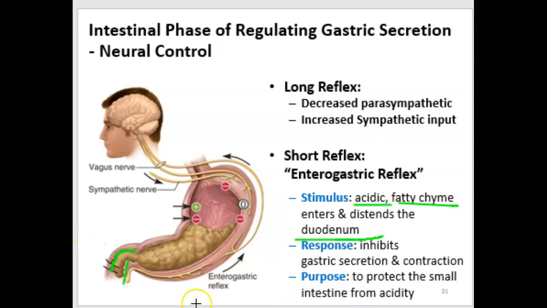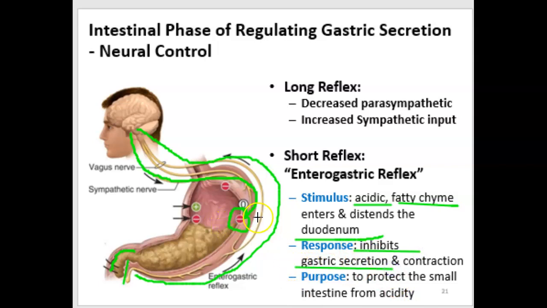And the nervous system will be stimulated, and so sensory information will go up to the brain, and then a sympathetic nerve will respond to inhibit gastric secretion. Now, why do we want gastric secretion and motility to be inhibited at this stage?